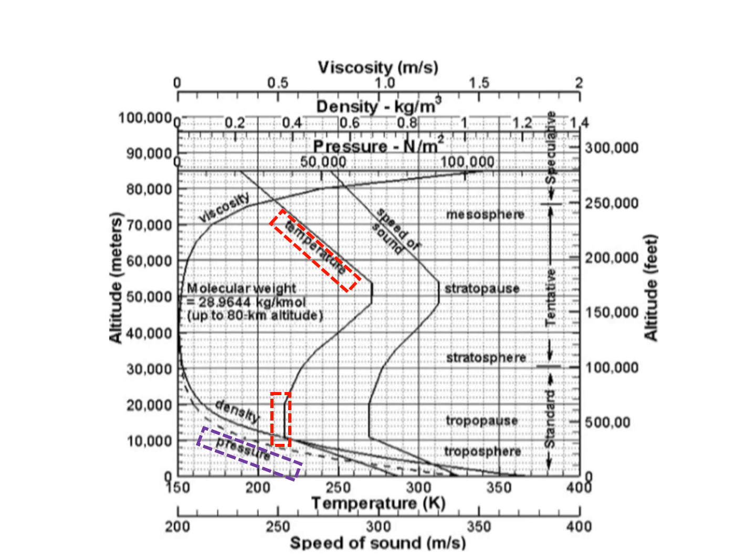Then there's an increase until the stratopause, and then it starts to decrease. The increase of the temperature in the stratosphere is because of the UV light trapped by the atmosphere. And because the speed of sound is related to temperature, it follows the same trend as the temperature.